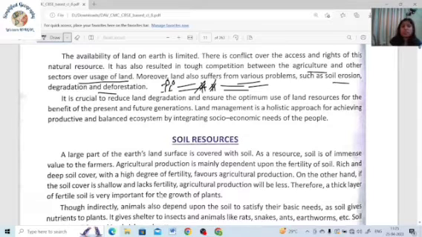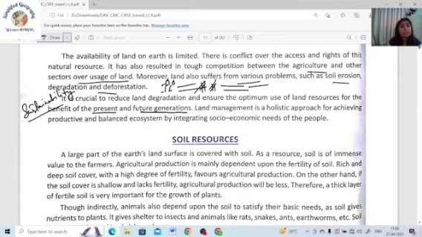This is how several ecological imbalances are going on. It is crucial to reduce land degradation and ensure optimum use of land resources for the benefit of present and future generations. So sustainability is very important here.